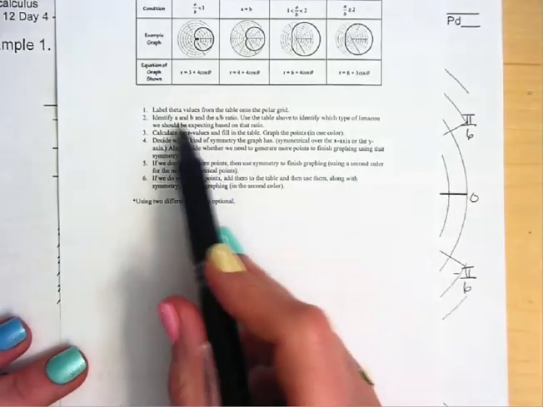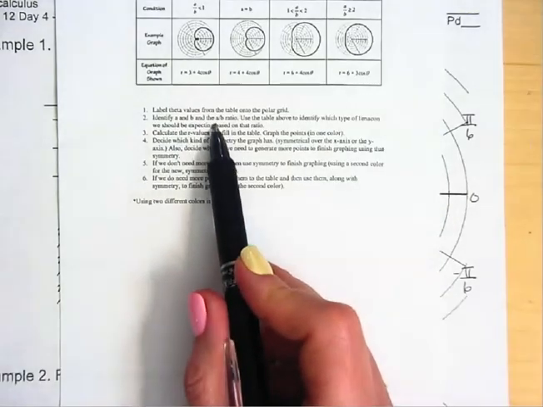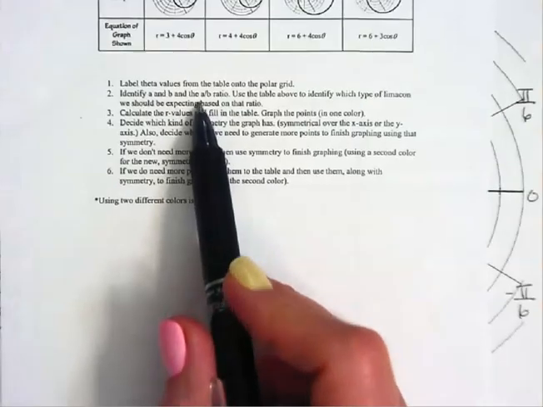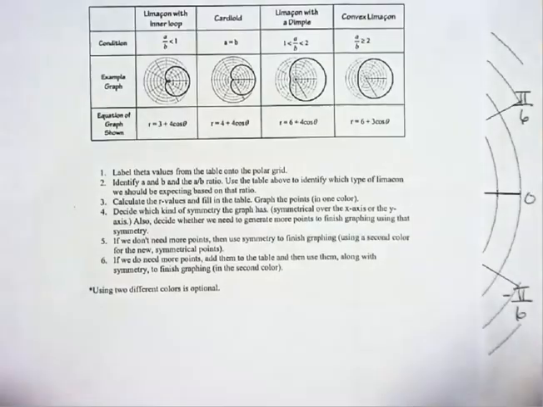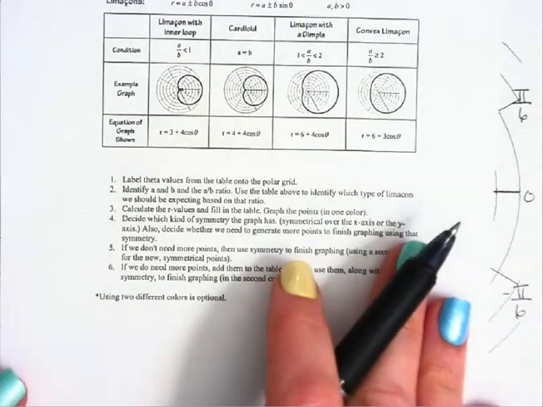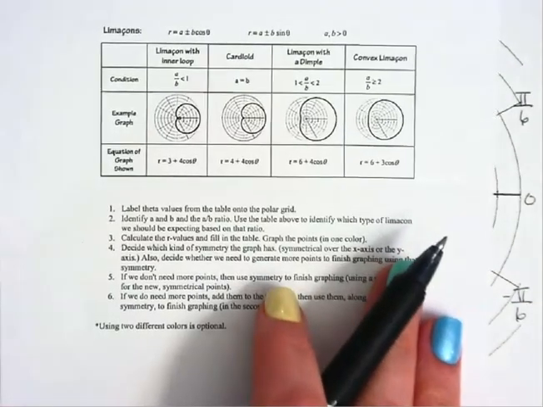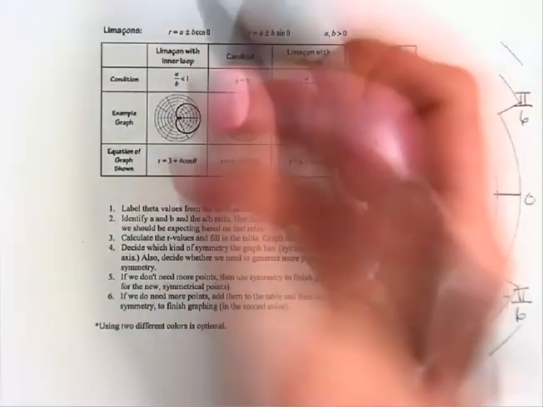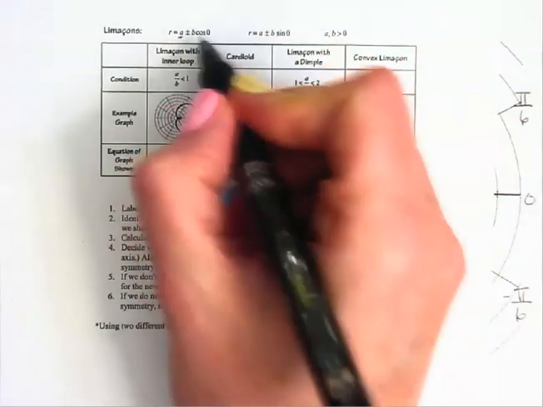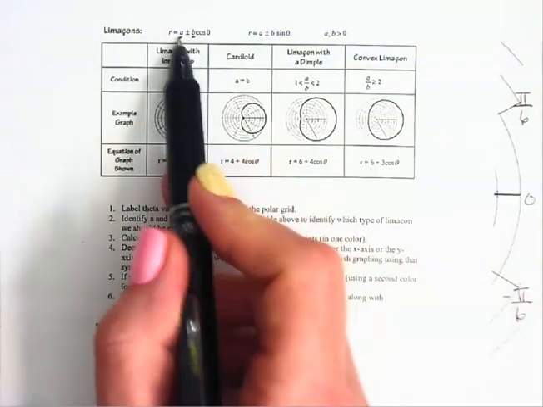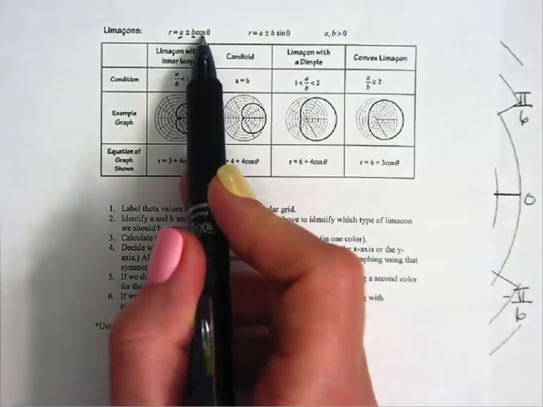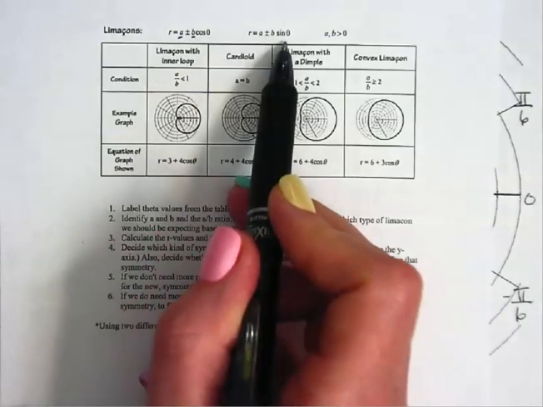Then the second step that I'm going to have you do is identify A and B and the A over B ratio. So now let's take a minute and just look at this table and why we want this information. First thing is that A and B are these values in our equation. A is a constant, B is the coefficient being multiplied by either the cosine or the sine.